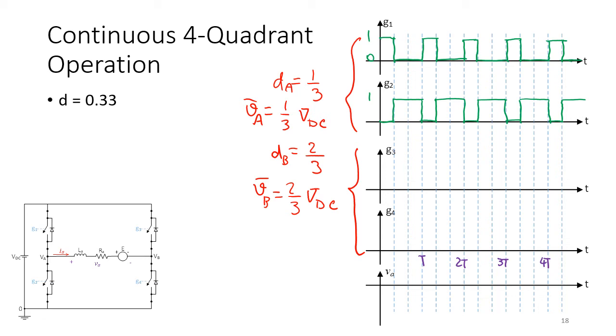For G3, we have 2/3, so we'll change like this. 1 and 0. And G4 is simply opposite of G3.